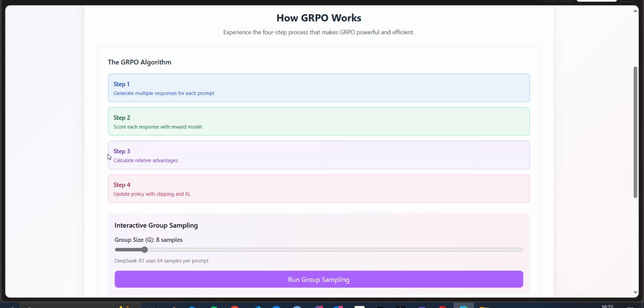And then in step 3 we calculate what's called the relative advantage. For each response we look at how much better or worse it is compared to the group average. So if the mean reward is, say, 5 and a particular response scores 8, its advantage is positive. If it scores 2, its advantage is negative.